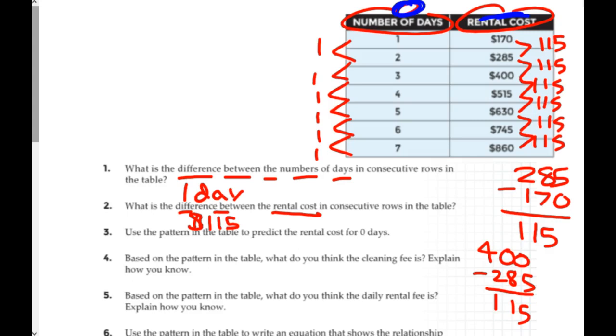So I'm going to take day 1's 170 and then subtract 115. What do I get? Okay, 55, right? So there it is, 55. So use the pattern, and we predicted at 0 days we have $55.